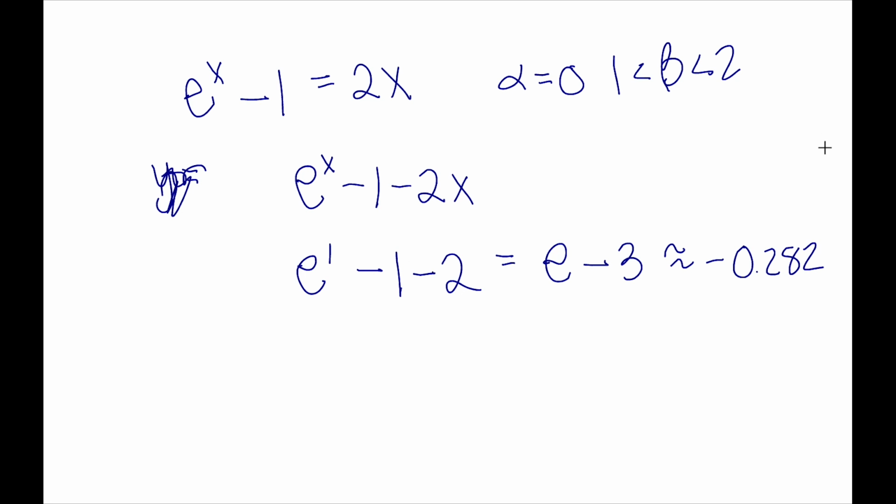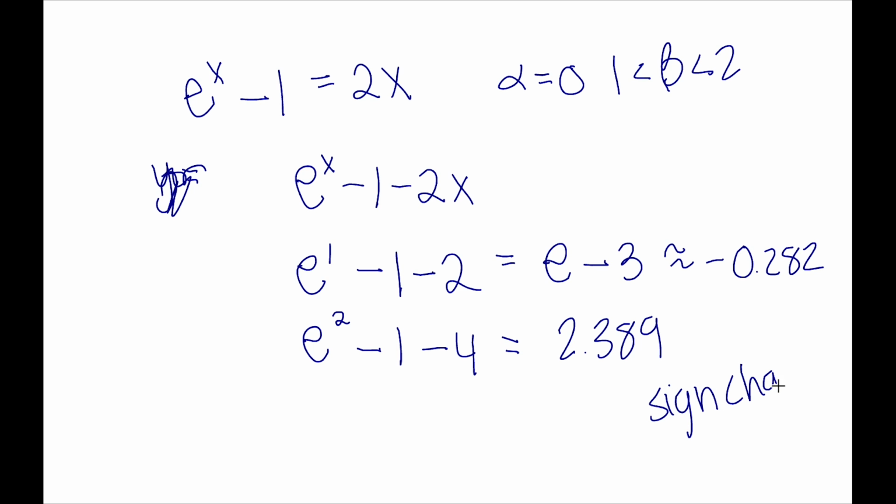So e minus 3 is approximately negative 0.282. E squared minus 1 minus 4 is approximately 2.389. So there was a sign change. We're done with that part.